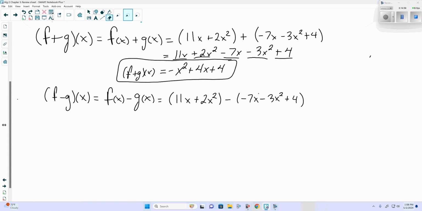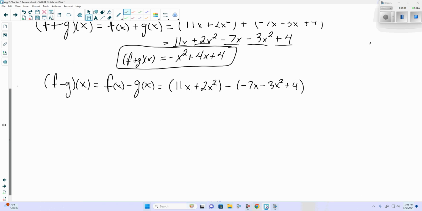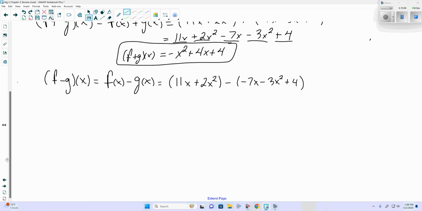So we're doing essentially the exact same thing as what we just did with addition, but instead of adding the two, we're going to be subtracting.